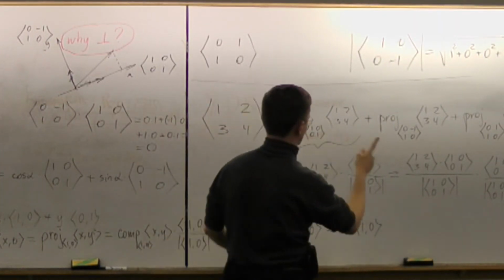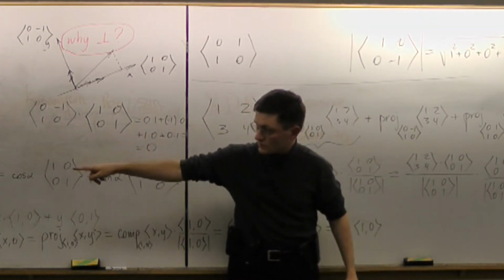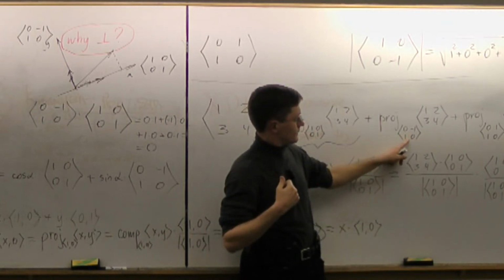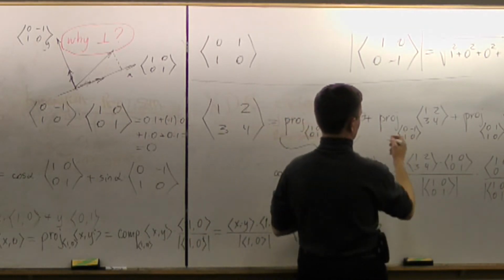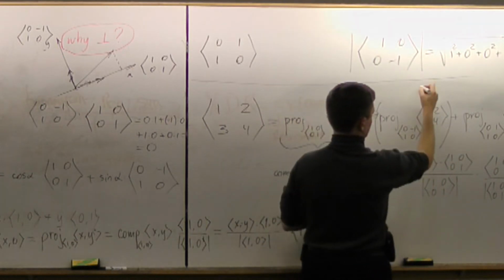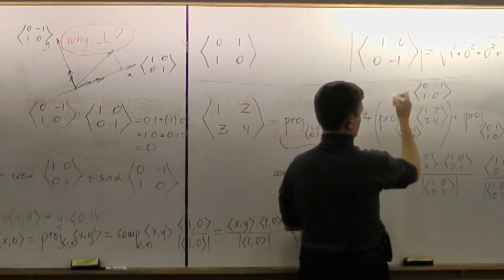Well, we know that that matrix, 0, minus 1, 1, 0, corresponds in physics to circulation. And therefore, once I compute this projection, I will get that matrix 0, minus 1, 1, 0 multiplied by some number.